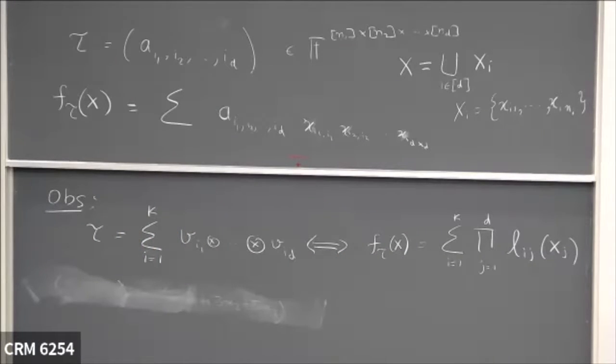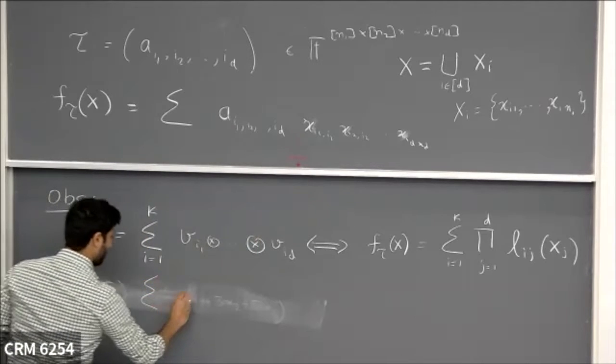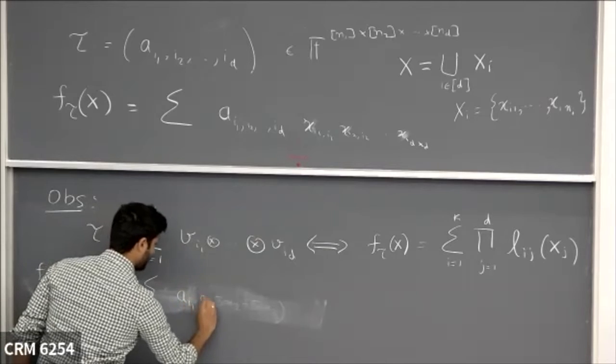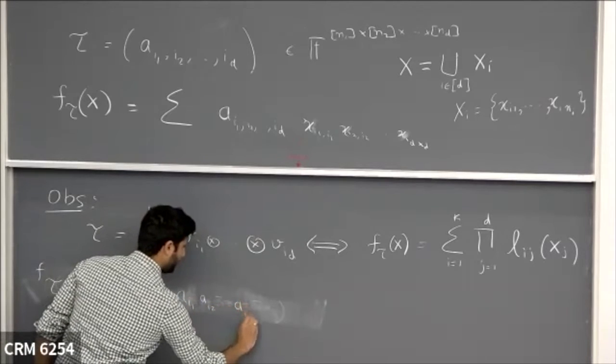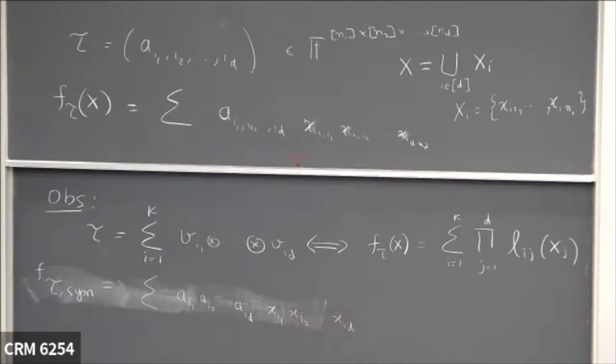You can do the same thing for symmetric tensors as well. Let me quickly write this. If your tensor is symmetric, let me define f_tau^sym, writing the same thing but just dropping these indices. So you have a_{i1}, a_{i2}, ..., a_{id}, and you write x_{i1}, x_{i2}, and so on.